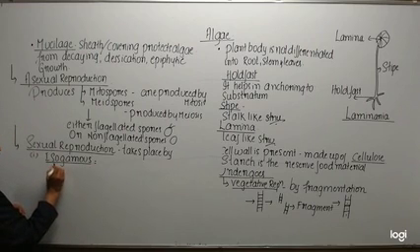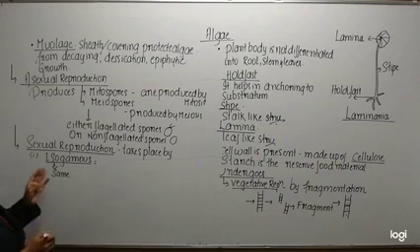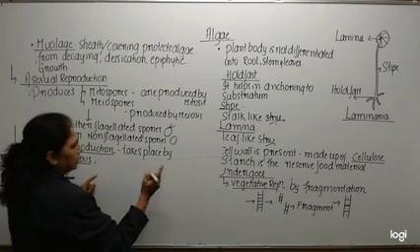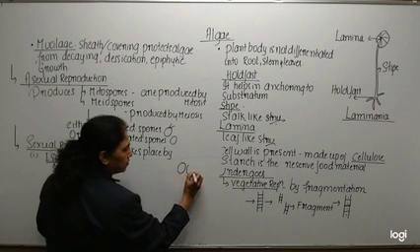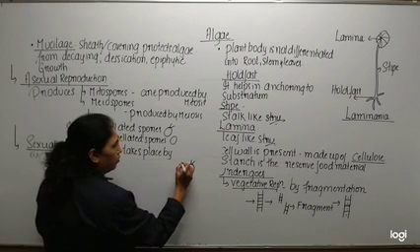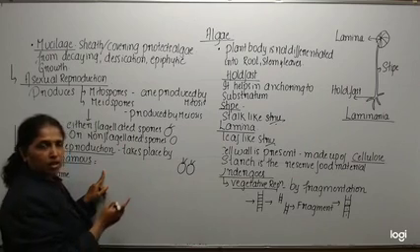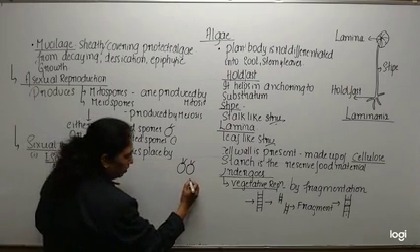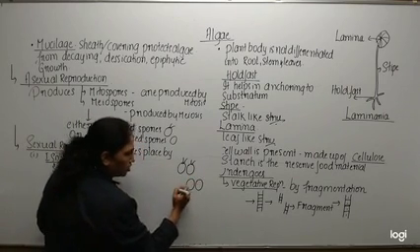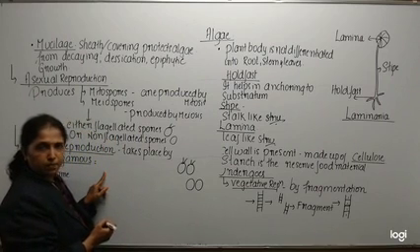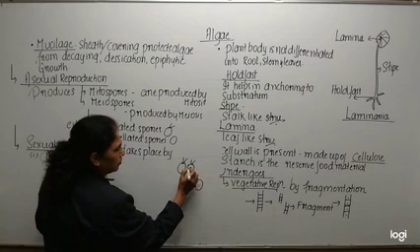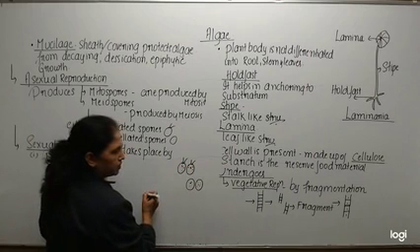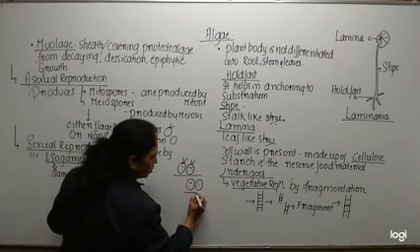Iso refers to same or similar. In the case of isogamous, it is fusion of gametes which are exactly similar in size, either flagellated or non-flagellated structures. So it is fusion of the gametes, both of which we call isogamous.